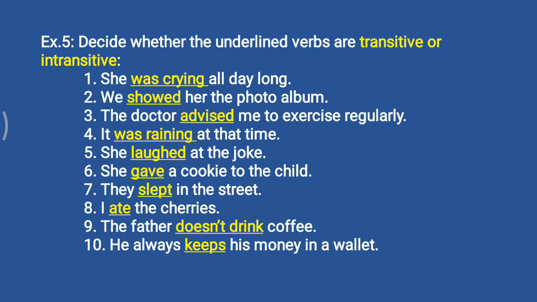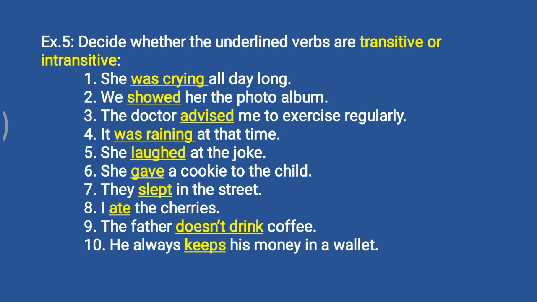The doctor advised me to exercise regularly. This is transitive verb. It was raining at that time. It is intransitive verb. She laughed at the joke. That is intransitive verb. She gave a cookie to the child. Here gave is transitive verb.